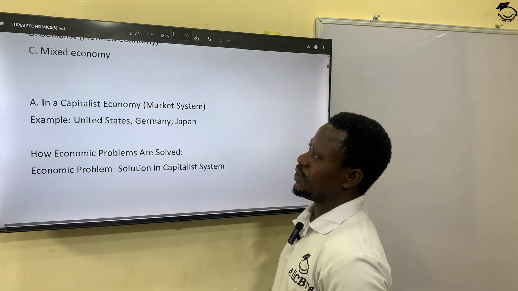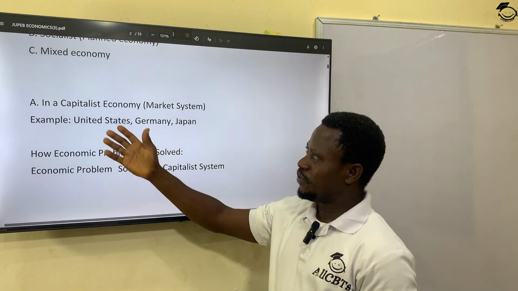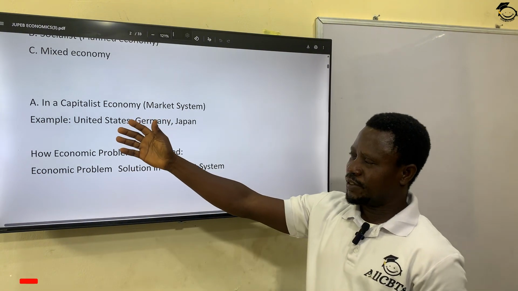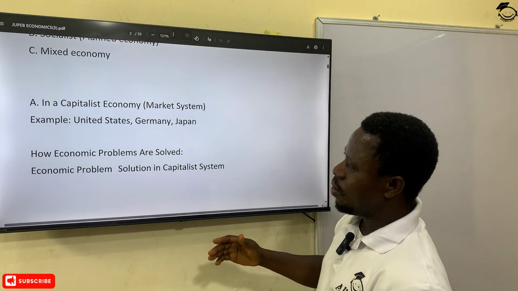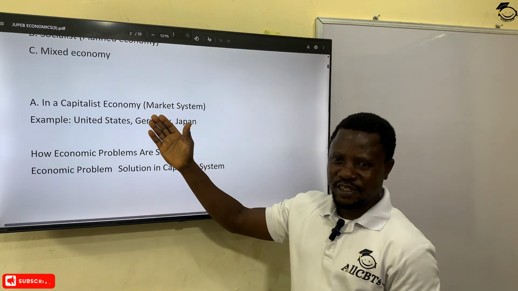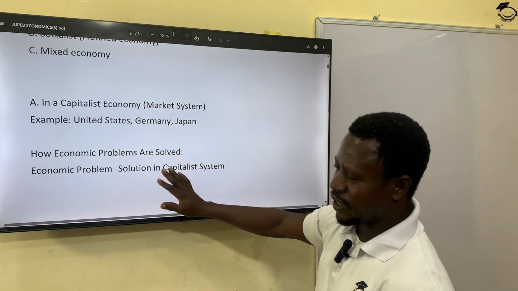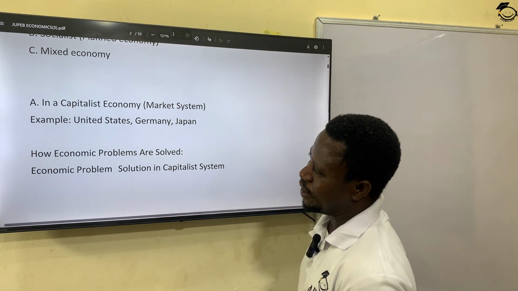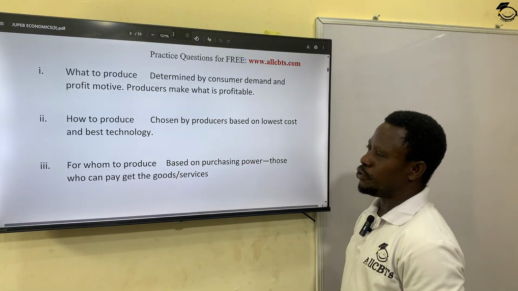For the capitalist economy, that's the market system, we are asked to give examples. We have examples of the United States, Germany, and of course Japan. Now, how are economic problems solved in this type of economic system? So we are looking at solutions to the problems in a capitalist state. Now, what to produce?